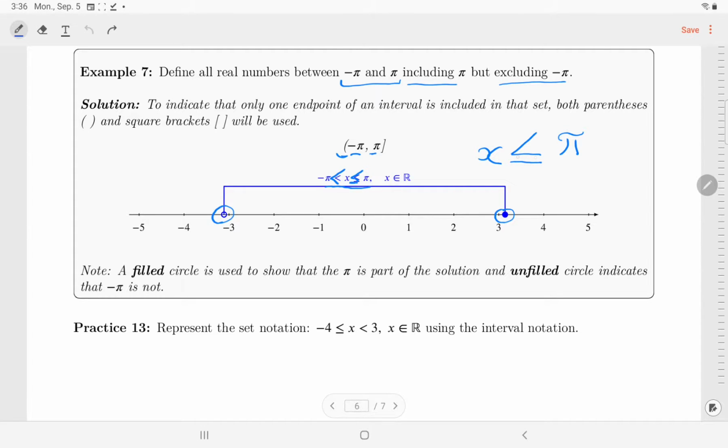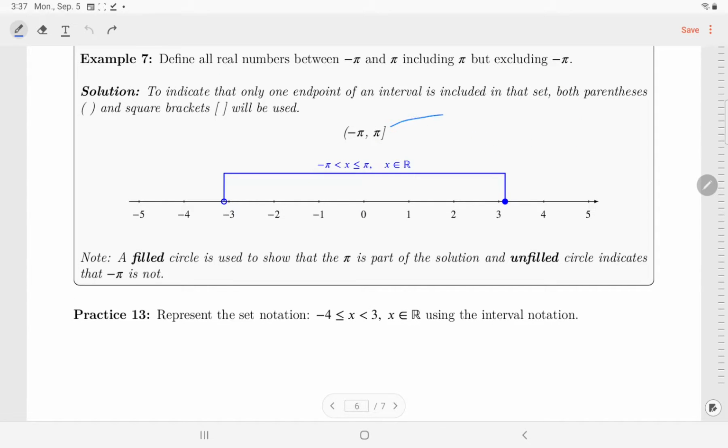So x is less than or equal to pi. And in this example, x belongs to all real numbers. This representation is called interval notation. This is a set notation.